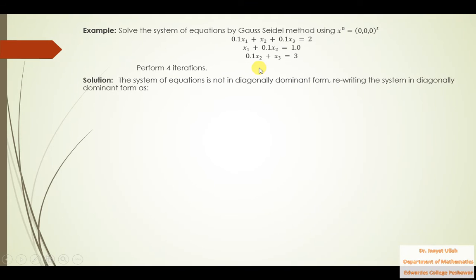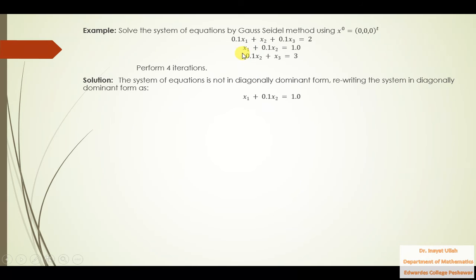The system is not diagonally dominant, because the coefficient of x1 is not greater than the sum of these two coefficients. Similarly, in the second equation, the coefficient of x2 is not greater than the sum of the rest of the coefficients. And in the third equation, the coefficient of x1 is 1 here. So we need to write the system in diagonally dominant form.